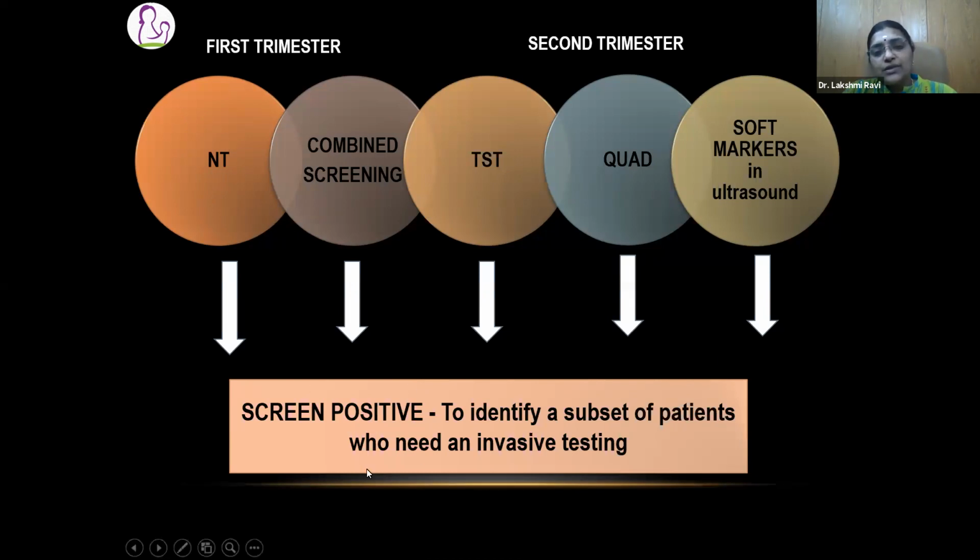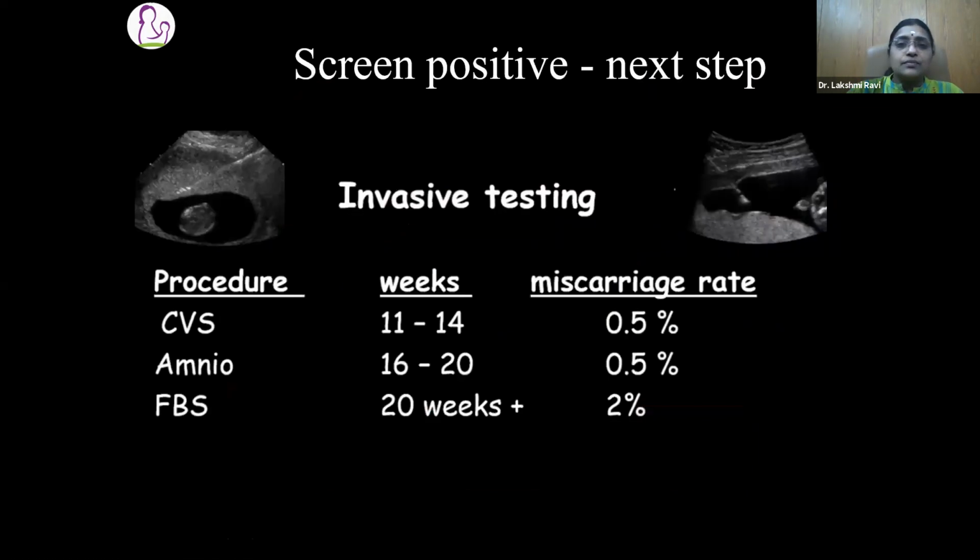Once you identify this group of women, then they will be subjected to invasive testing. But the ideal is that you must select the test which will have optimum, nice detection rates. That's why earlier I said it's better you don't go for a triple screening test when you have the quadruple in the second trimester. So you try to offer a test which has better detection rates.